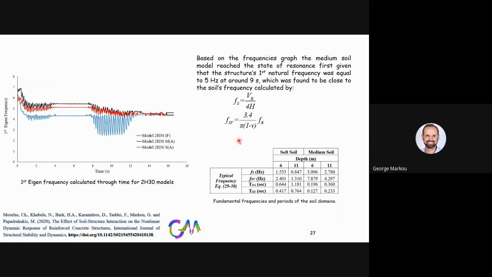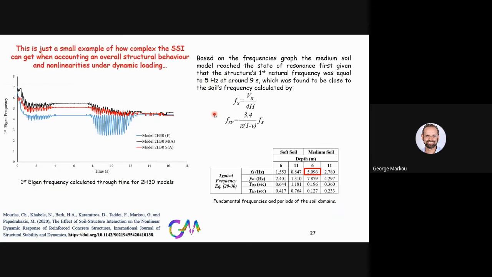We found out that around 9 seconds, the medium soil has a frequency of 5.096 hertz, which is close to the 5 hertz eigenfrequency of the superstructure, and therefore this explains the reason why the model founded on the medium soil domain developed those large deformations.